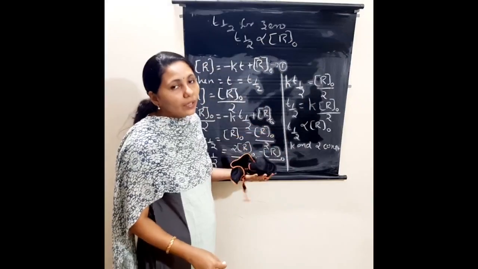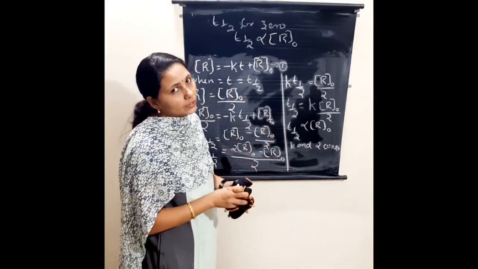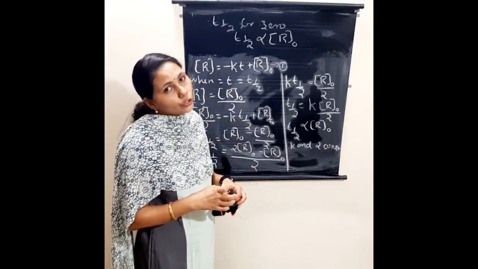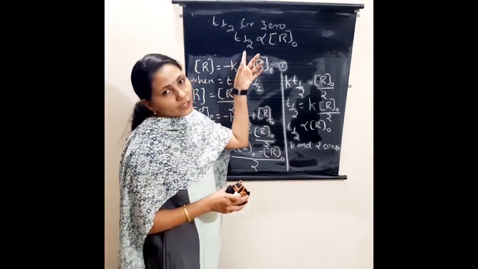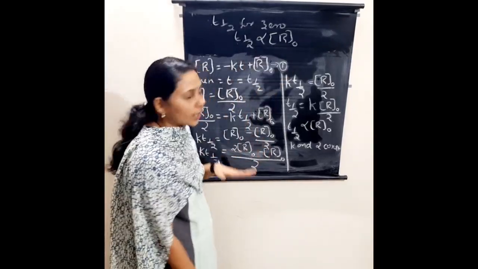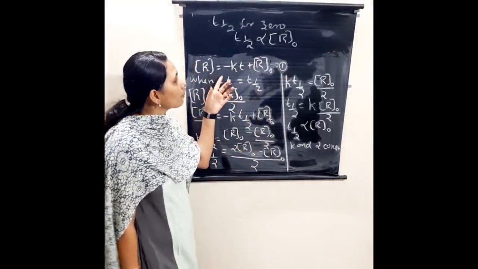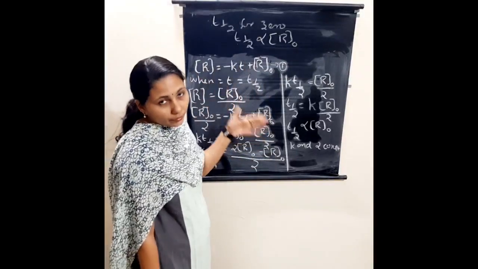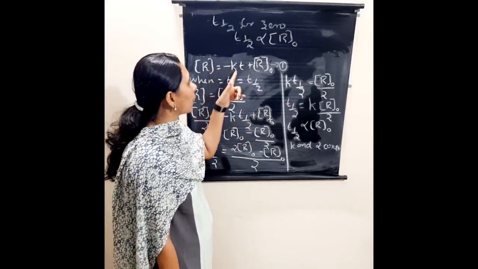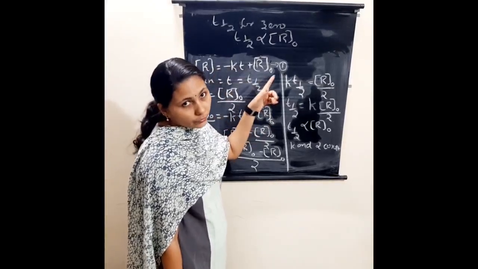So there are two questions. One is to derive the relationship for T half for a zero order reaction, or show that the T half of a zero order reaction is directly proportional to the initial concentration R0. Listen here. While deriving, we got the equation R equal to minus KT plus R0. That is the first equation.